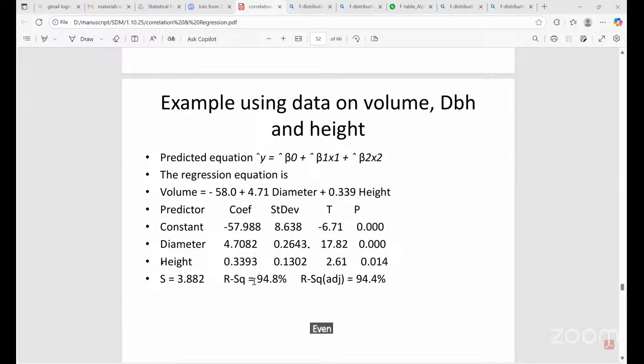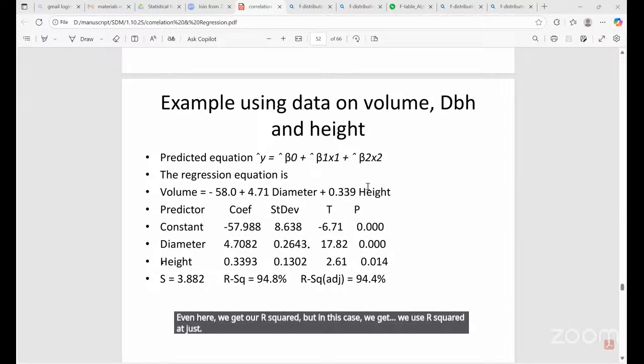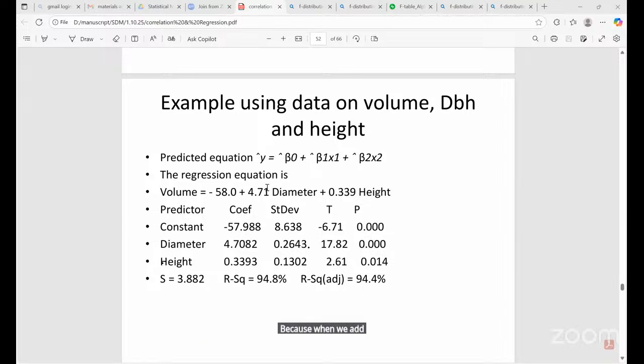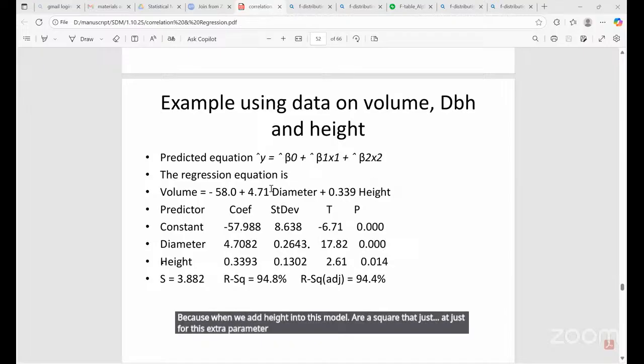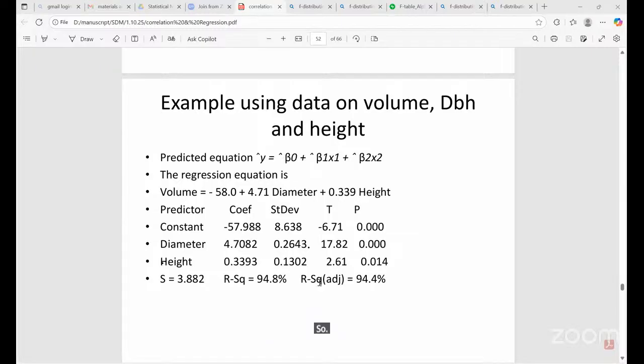Even here we get our R squared, but in this case we use adjusted R squared because when we add height into this model, R squared adjusts for this extra parameter added. So this implies that the amount of variability explained in volume by the regression model is 94.4%.